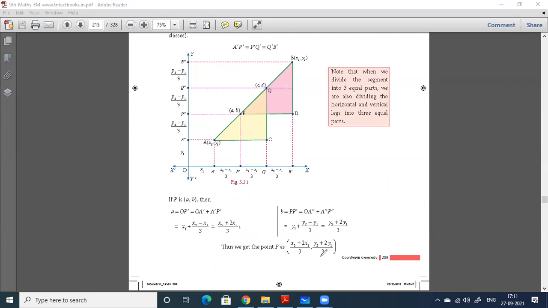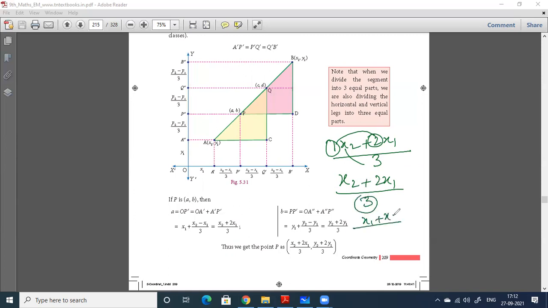So what is a trisection point? Very simple. Trisection means 3, so the denominator will be 3. Then you have 1 of x2 plus 2 of x1, and 1 plus 2 is also equal to 3. Like that you can understand. So x2 plus 2x1: second point plus 2 of the first point, divided by 3, because trisection you divide by 3.